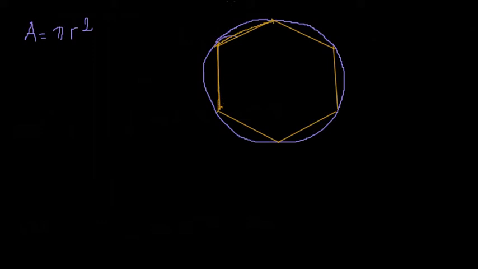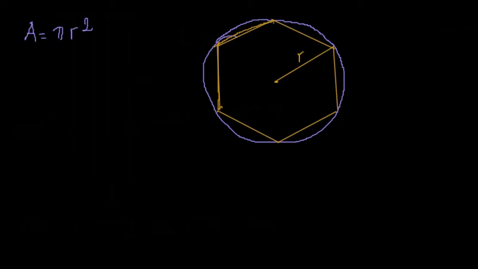And this circle has its radius. Okay, so the radius is r, and what we also can see from this drawing is that we have a six-sided polygon whose sides are equal.